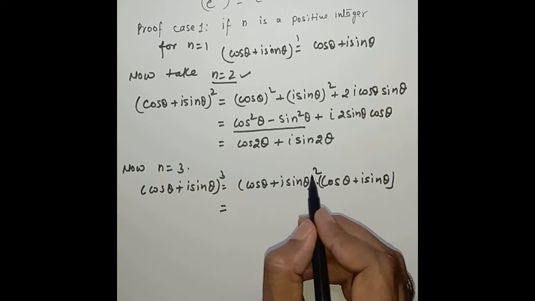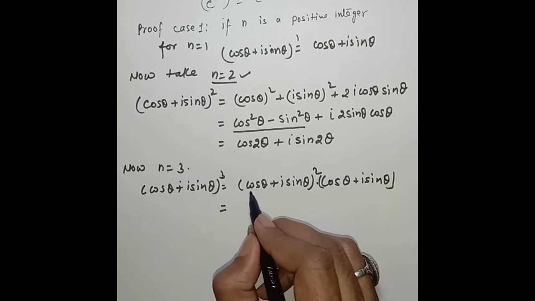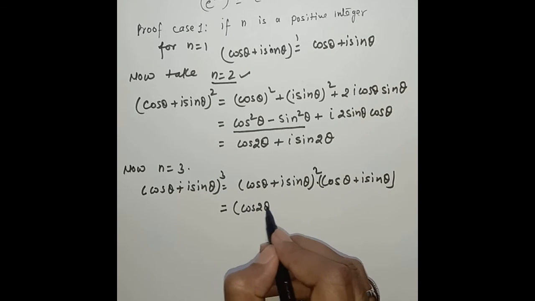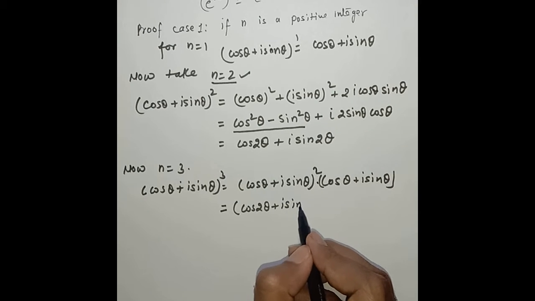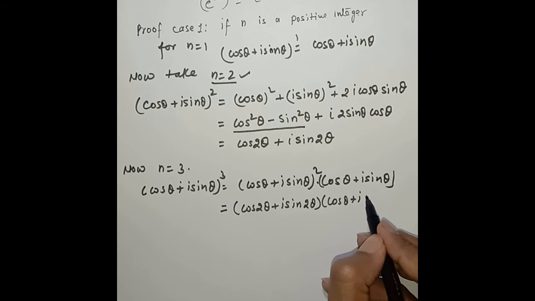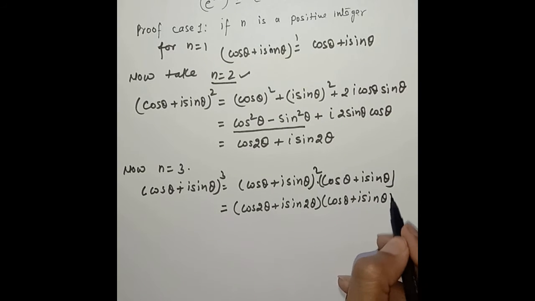And we know that it is true for n equal to 2, so this is (cos 2 theta + i sin 2 theta) and (cos theta + i sin theta).